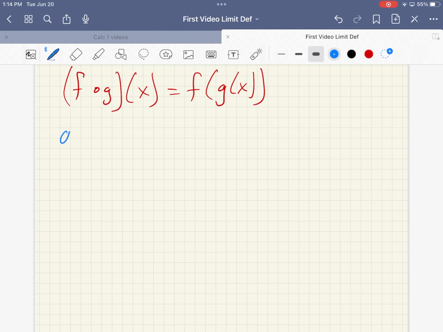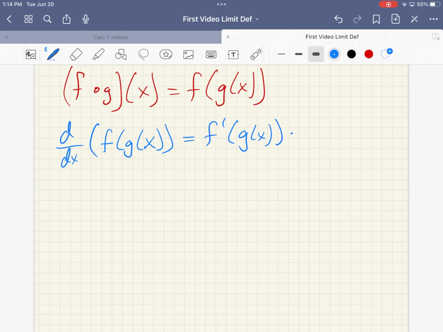Recall that if we want the derivative of this function, f of g of x, then we're going to take the derivative of the outer function evaluated at the inner function times the derivative of the inner function.